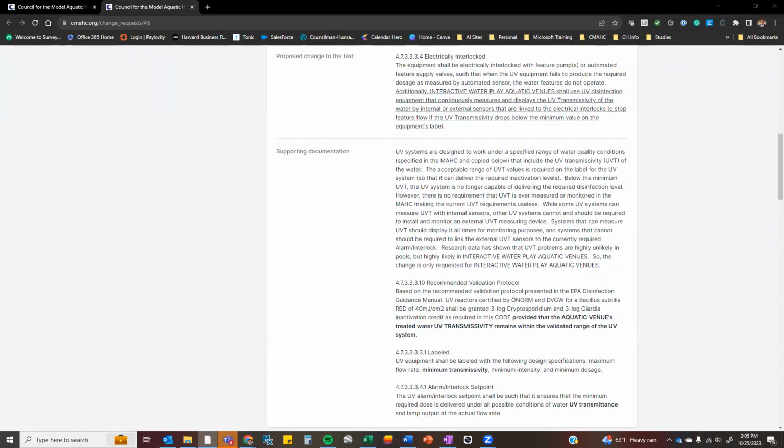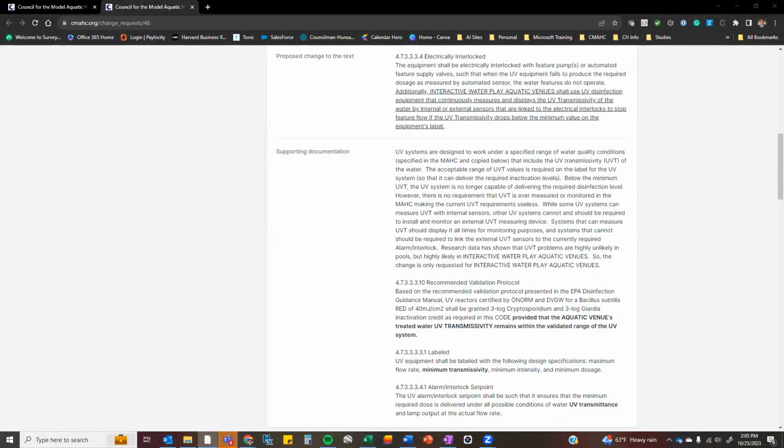And the problem is I've heard from UV manufacturers that their equipment will not shut down, that interlock just simply will not happen, because they've designed these things with factors in the models so that it doesn't shut these things down, because people complain when that happens.